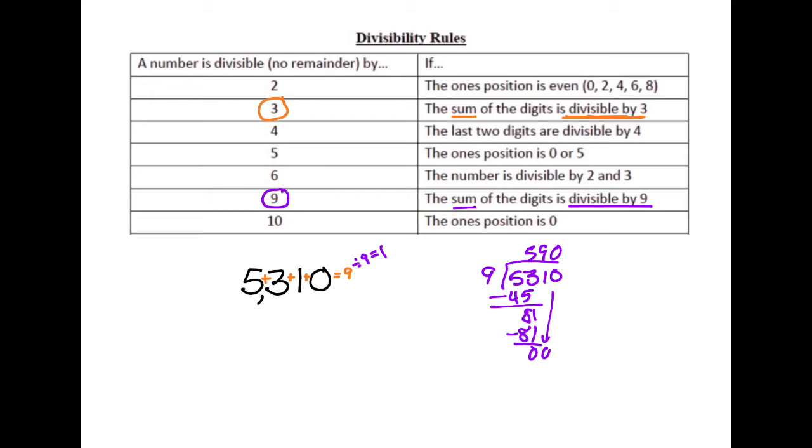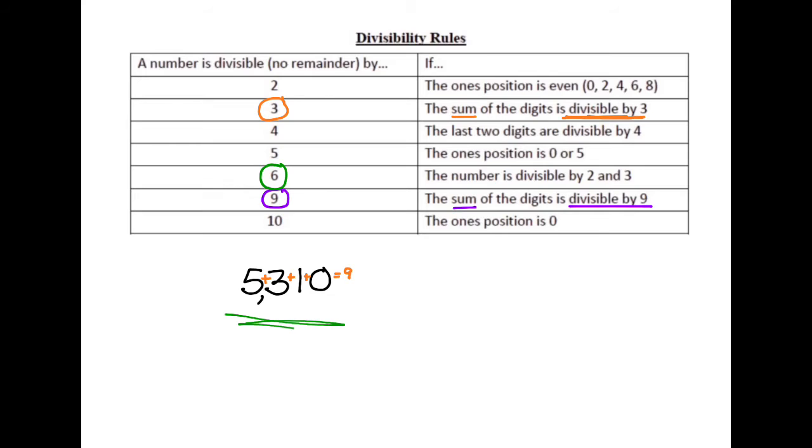6 is kind of related. If this whole number is divisible by both 2 and 3, then it's divisible by 6. So we knew it was divisible by 2 because it's even.